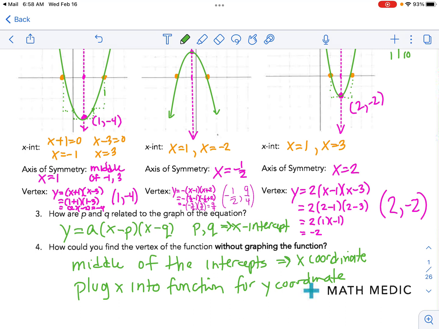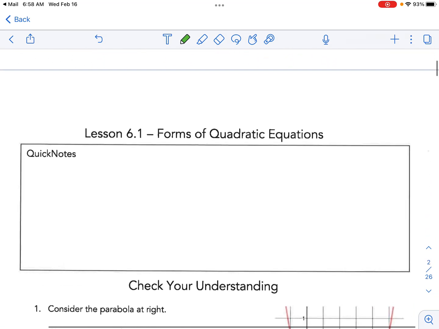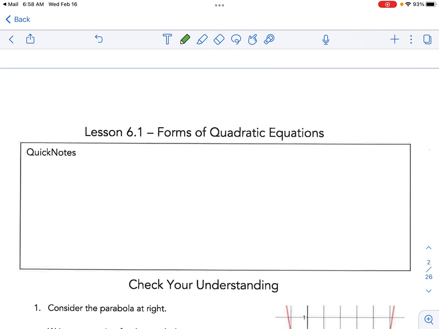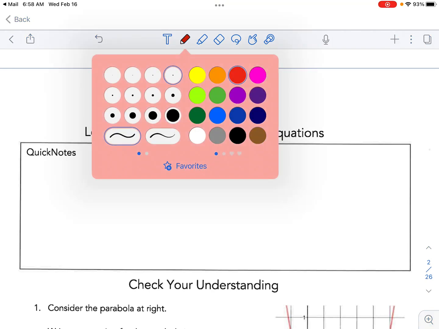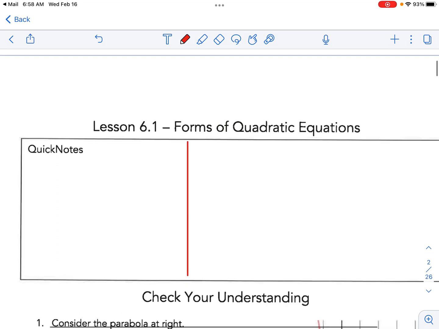Okay, so looking at the learning targets then, what we're focusing on here is reviewing the vertex form of the equation. It's a matter of picking what's most convenient.